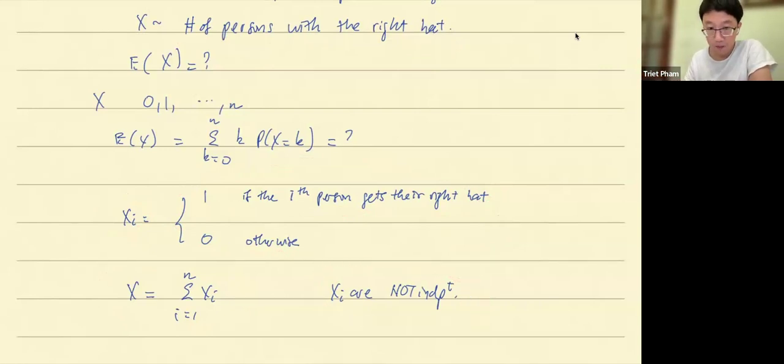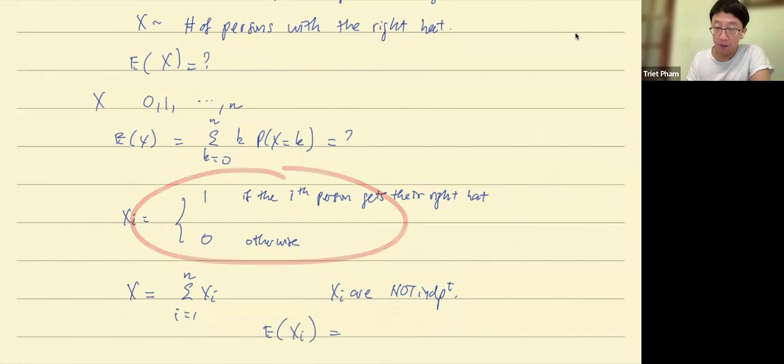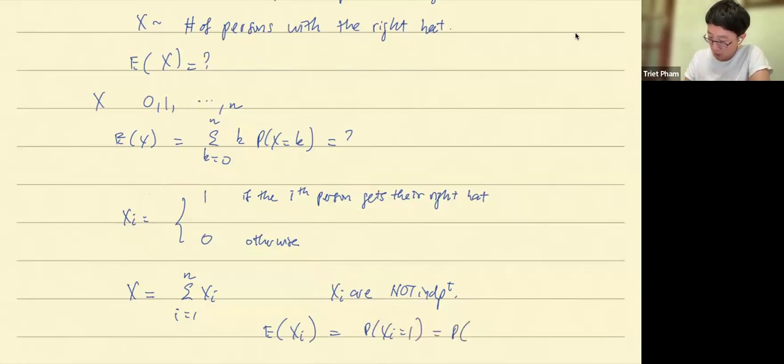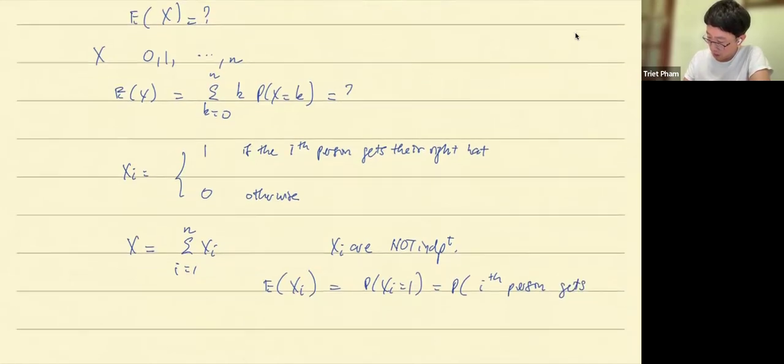So they're not independent. But on the other hand, the expectation of Xi is simple, because Xi is a Bernoulli random variable. So the expectation of Xi is the probability Xi equals 1, which is the probability of the ith person getting the right hat, which is one over n.